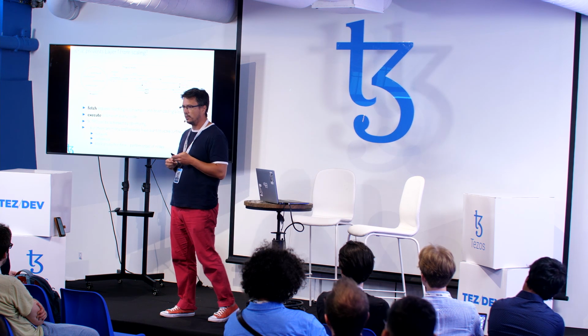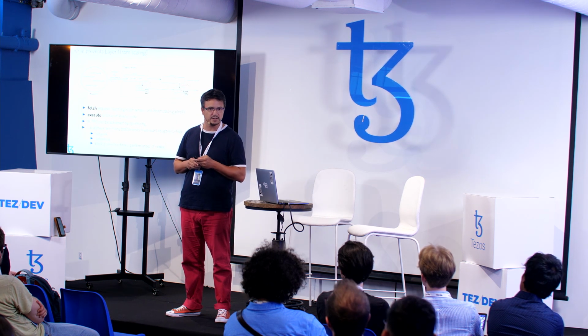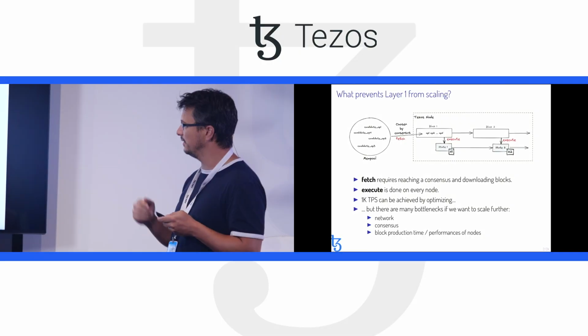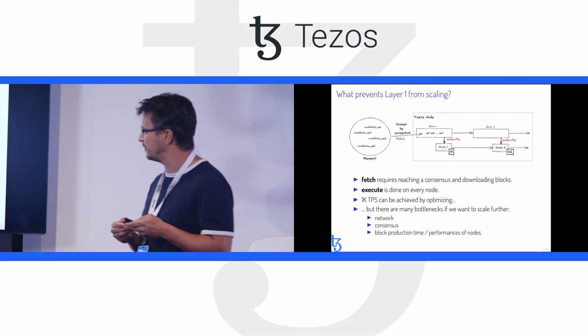So what can you do? Well, you can sweat a lot in front of a blackboard or a keyboard and work on very smart optimizations to reach one key TPS, for instance.